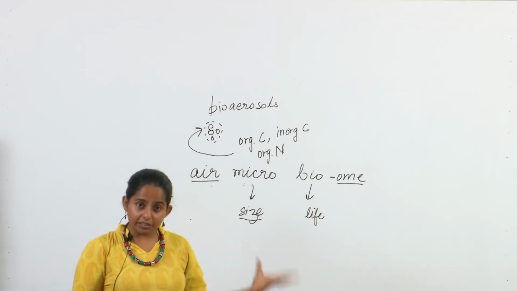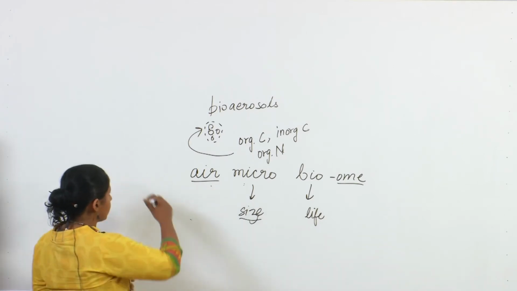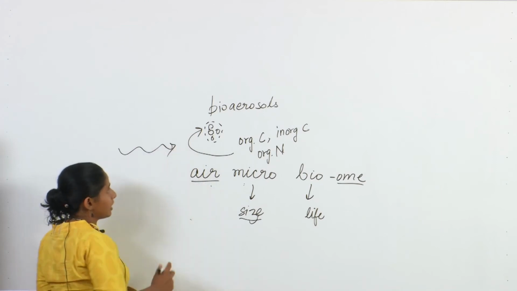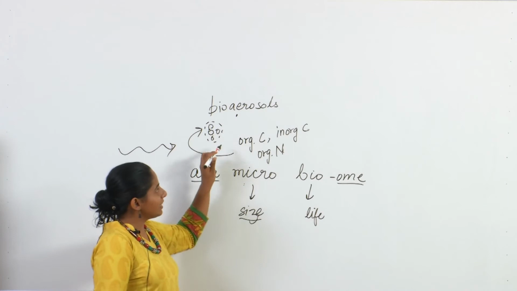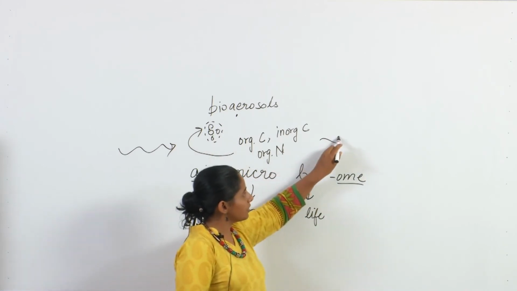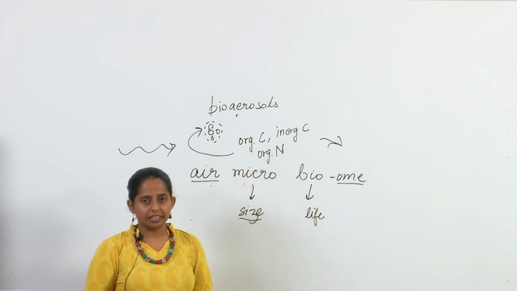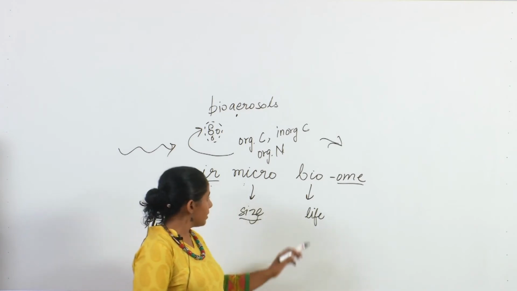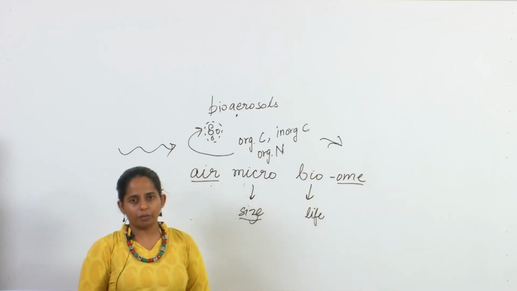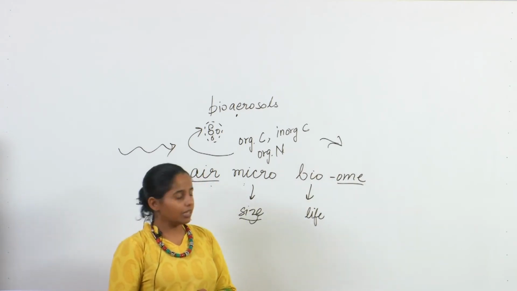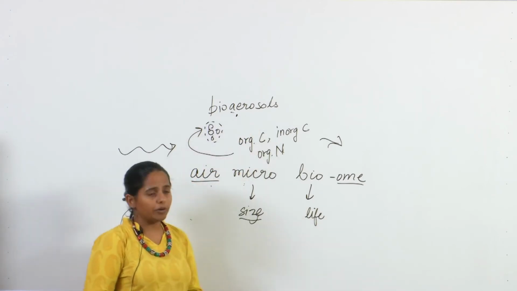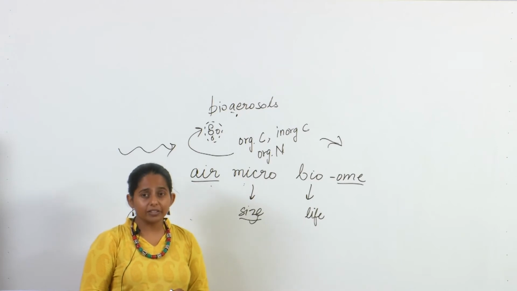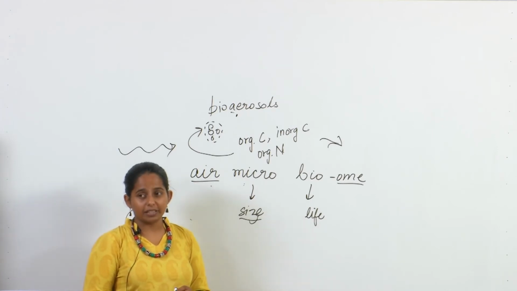Now when it goes out in the air, it comes in contact with light and with other phenomena including bioaerosols, and then it undergoes a transformation and makes secondary pollutants. Many times the secondary pollutants are more harmful for public health than the primary pollutants. So we are very concerned about it, and we are particularly interested in knowing how bioaerosols play a role, and we are finding out increasingly that they play a good amount of role.